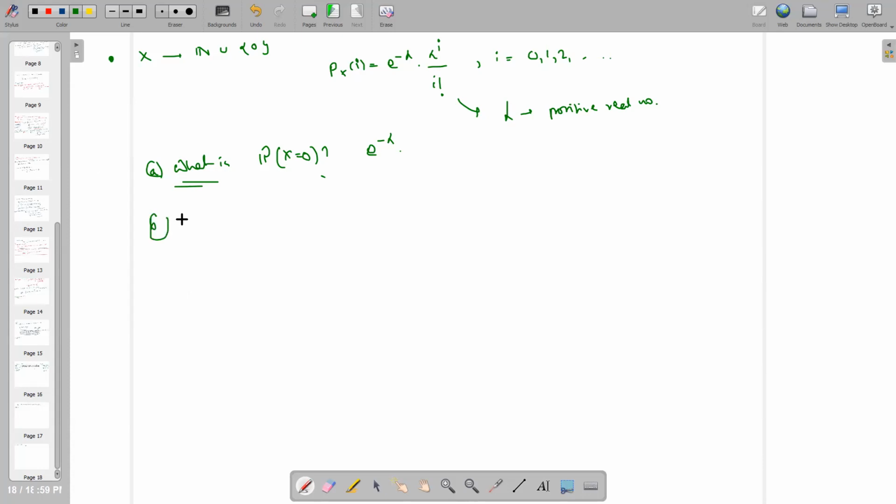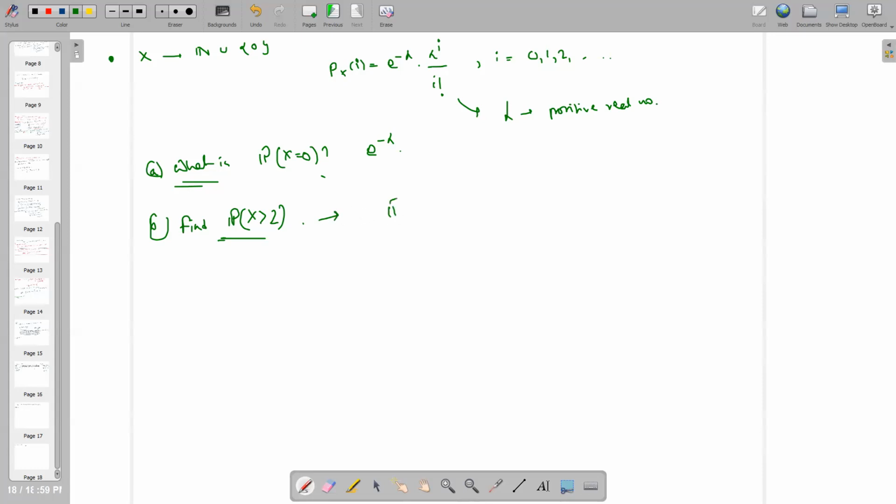Find the probability X greater than 2. This is a complement case, right? 1 minus P(X=0) minus P(X=1) minus P(X=2). That's the easy way out, because the other way around is not so easy.